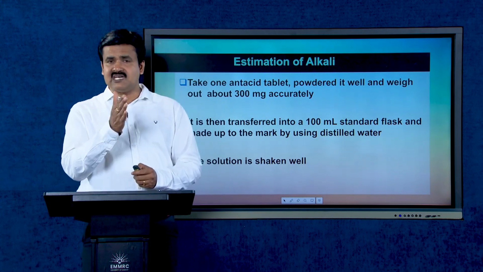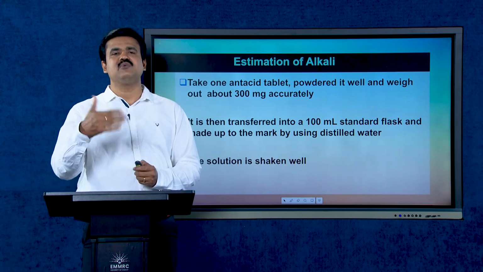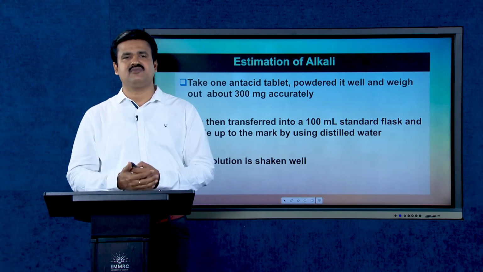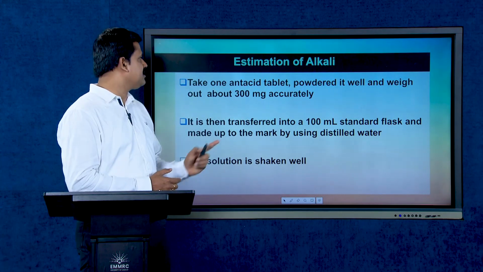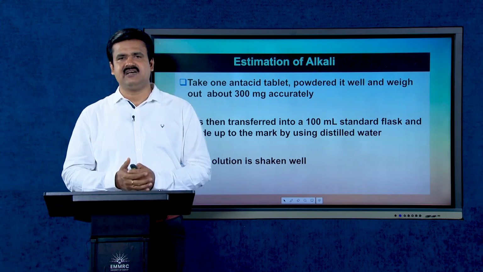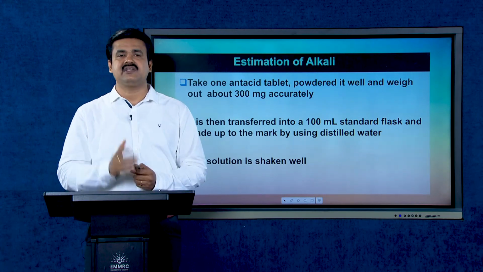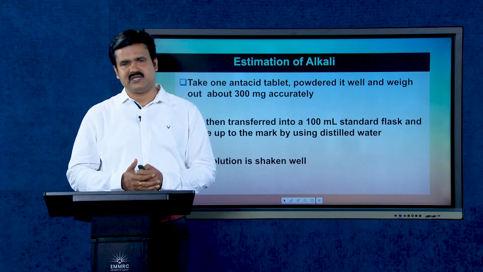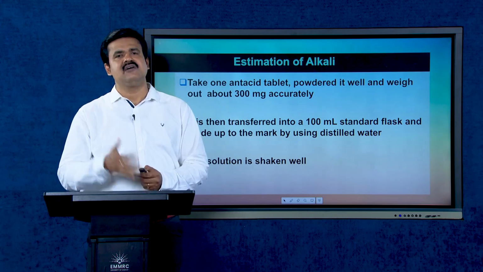Now, the last part of the experiment, that is estimation of alkali. We are now discussing the procedure behind the estimation of alkali. For the experimental part, take one antacid tablet, powder it well and weigh out about 300 milligram accurately. A commercially available antacid may have a different weight.